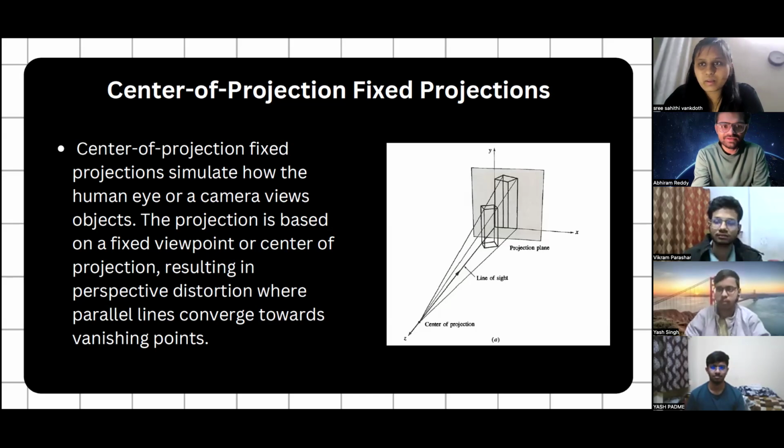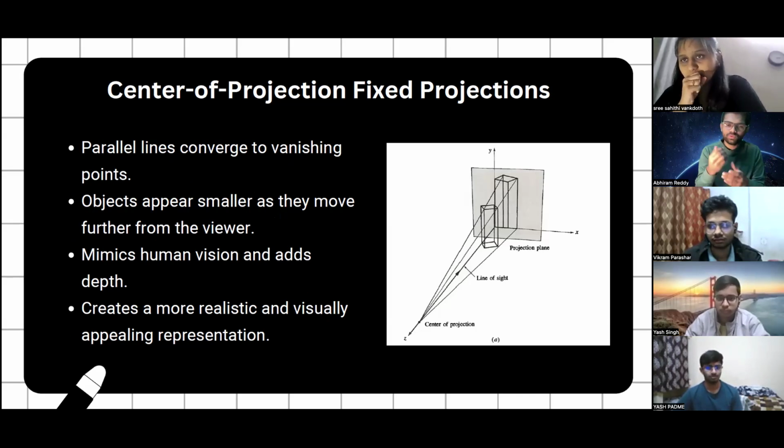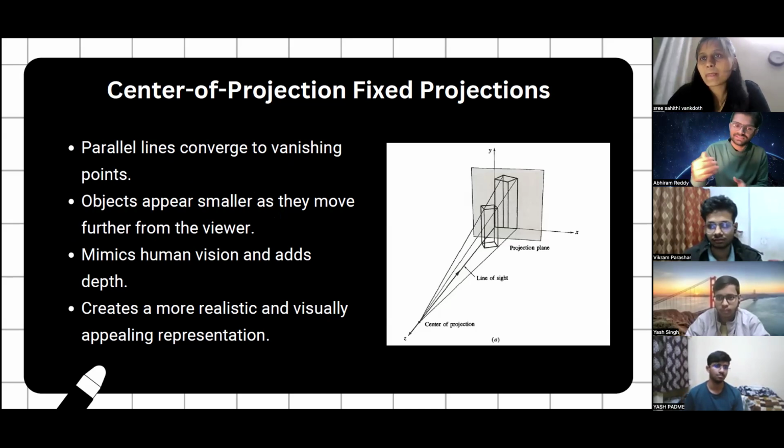In the next slide, as you can see in the image, the parallel lines passing through the vertices converge to a point called the center of projection. So it gives the illusion of the relative size of the object changing as the distance from the center of projection changes.